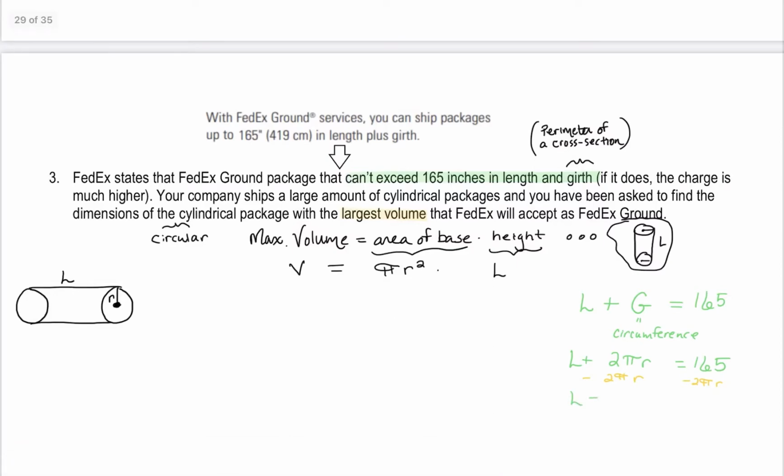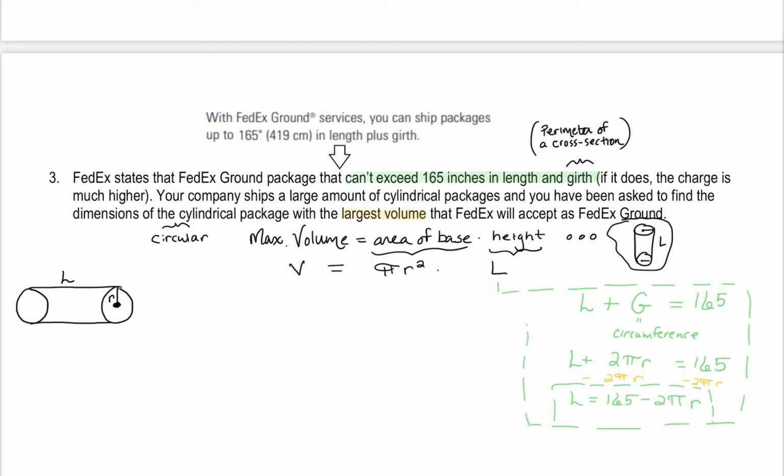So our L is equal to 165 minus 2 pi r. So we are able to go off to the side here and set up our secondary or our constraining information. And now we have this solved for L.